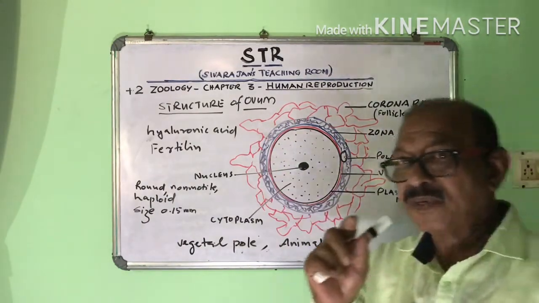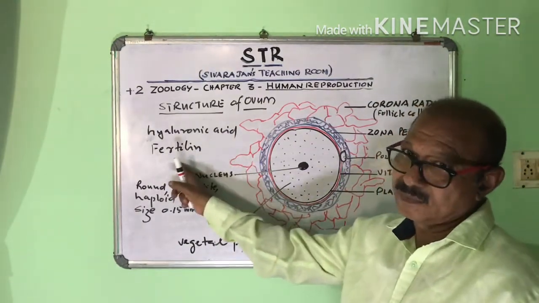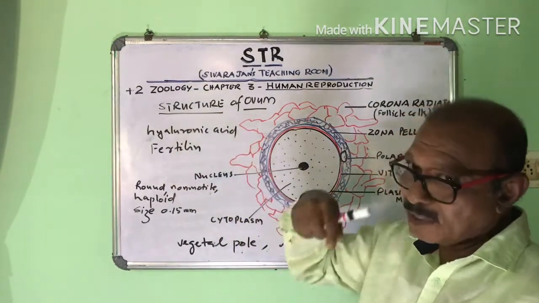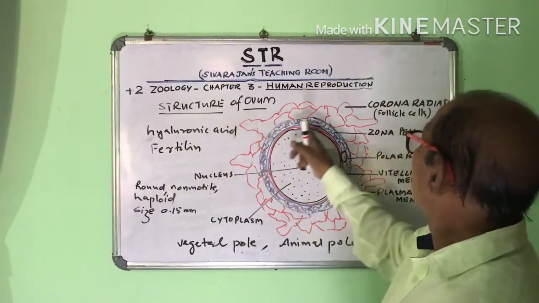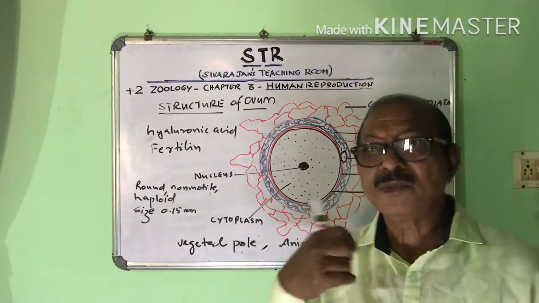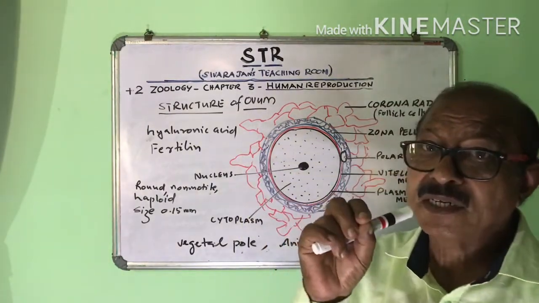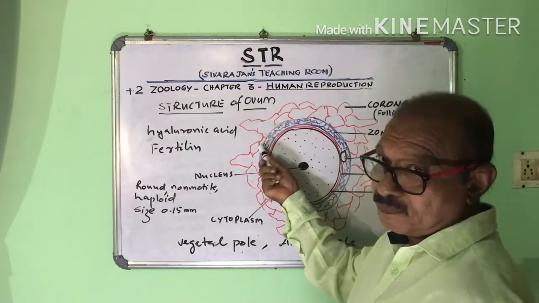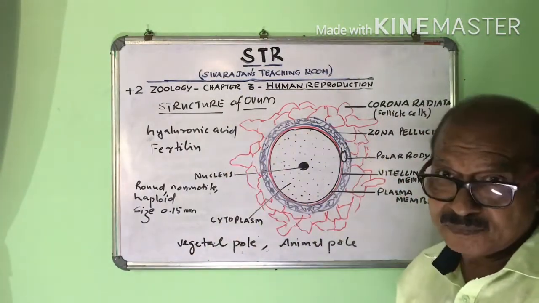The antifertilin is released and the fertilin is neutralized, and that creates an unprotected area in the zona pellucida, and through that gap the sperm enters into it.